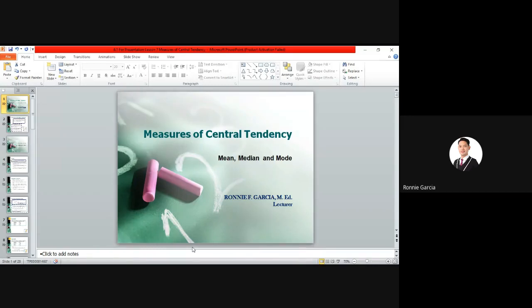As you can remember in your research study before in your senior high school, or if you conducted your own survey outside the school, when you are collecting data, you are gathering a lot of data, but you are going to report only one value that will represent those data set. So example, research about employee engagement.